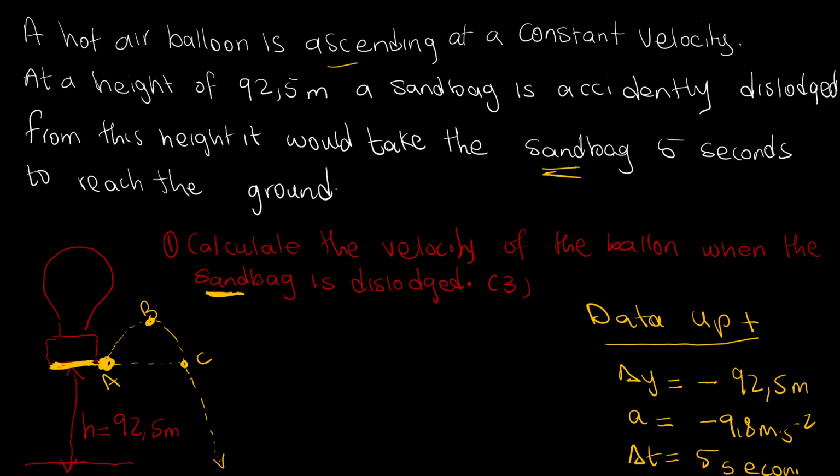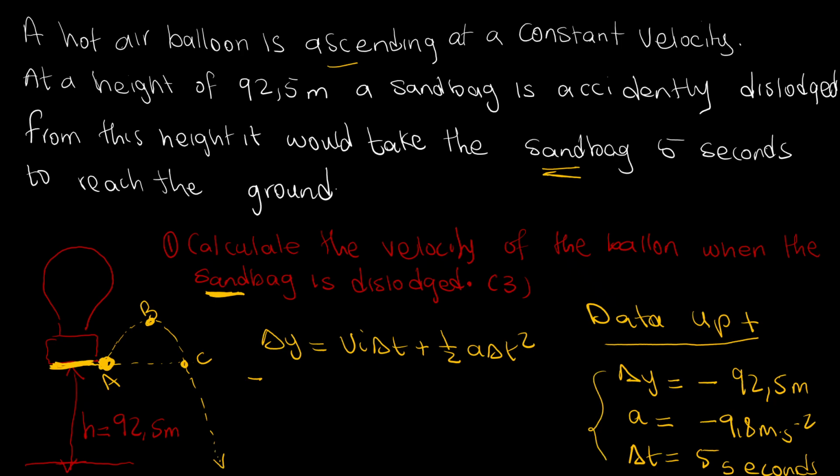Right, now that we have all this information, let's do this. We're going to choose the vertical projectile motion formula, the one that doesn't have the final velocity. So the one that I'll go with is delta y equals v initial delta t plus 1 over 2 a delta t squared. Please make sure that you choose the correct formula and that your data is correct.